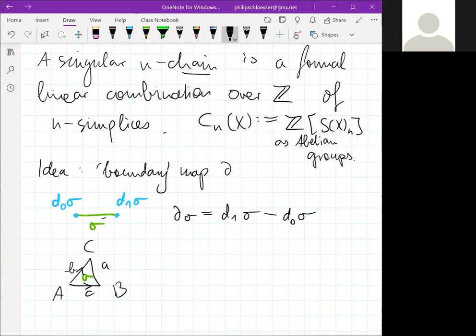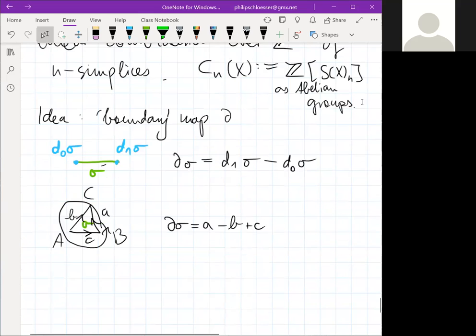Then the edges have a natural direction themselves, and we would like the linear combination again to preserve the direction. So we want the boundary of sigma to be, well, we go in this direction. So we want it to be A minus B plus C. And well, how do we define this in general?